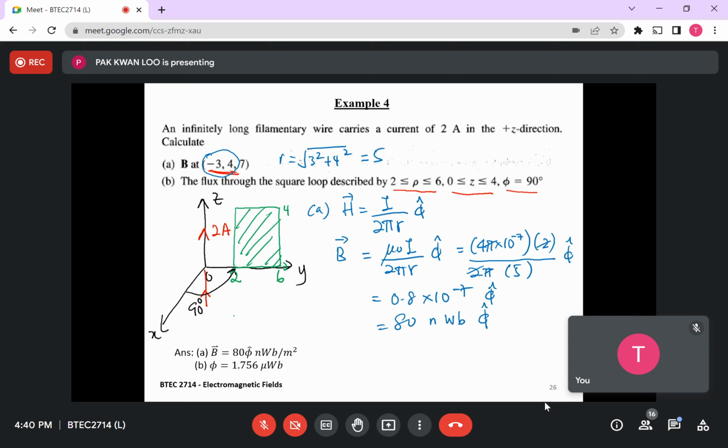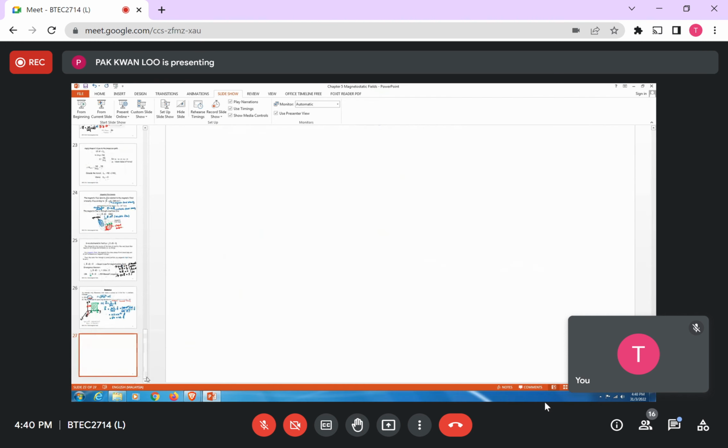So for part B, we have to evaluate the flux that passes through the area.